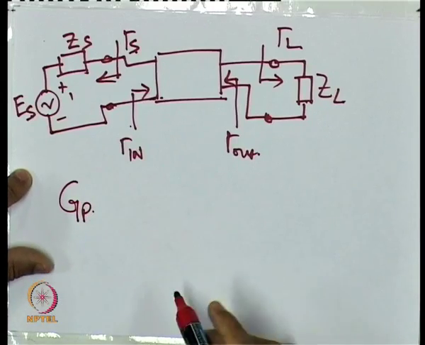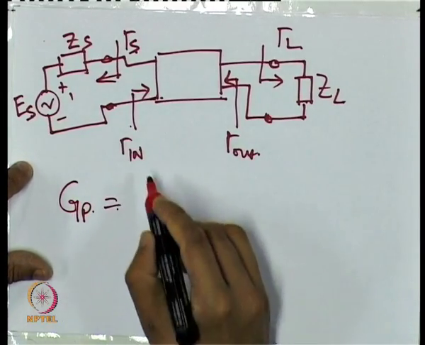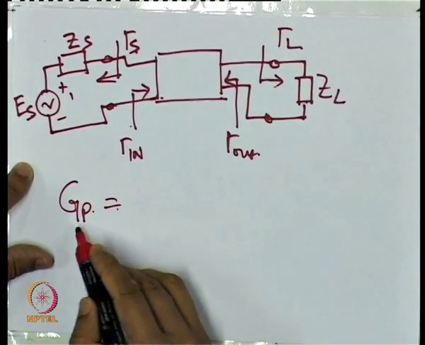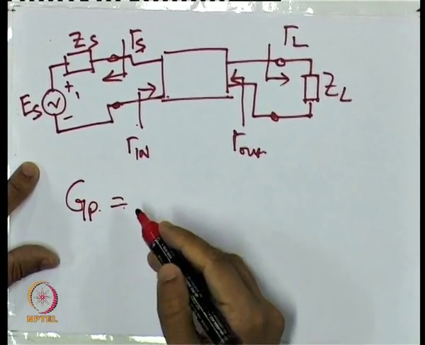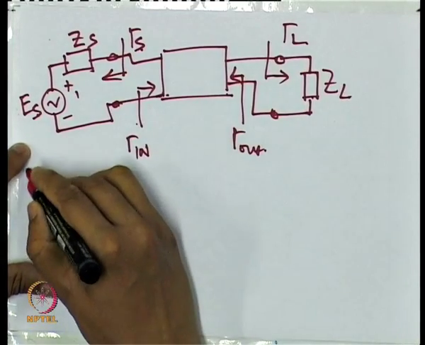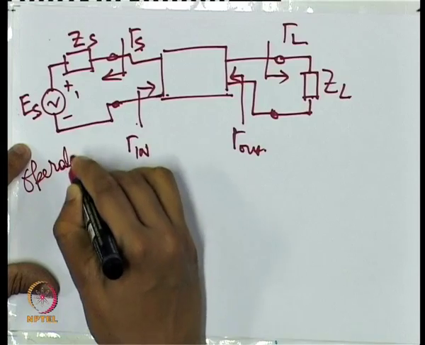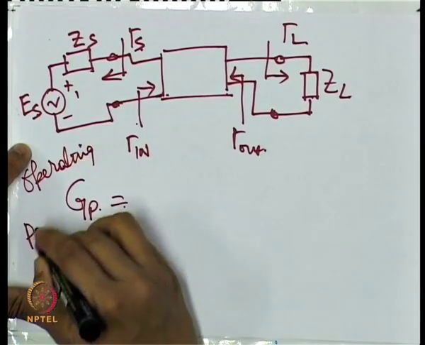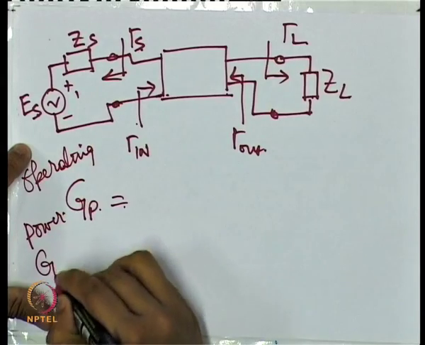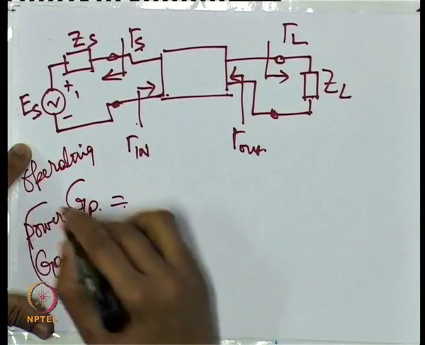The first type of power definition is GP, which is simply known as power gain, or alternatively as operating power gain.